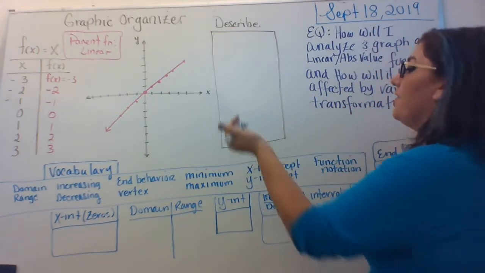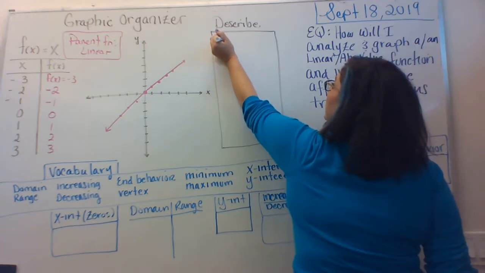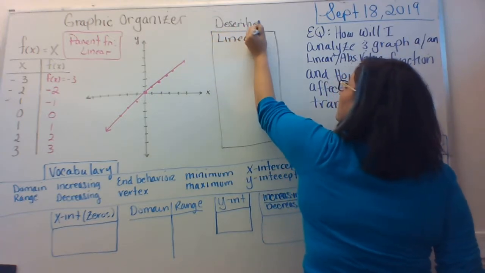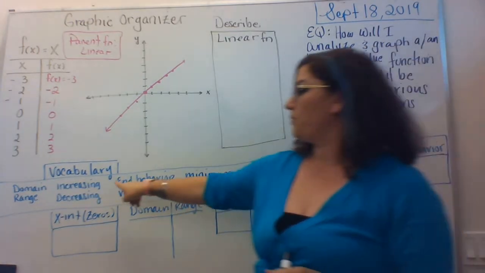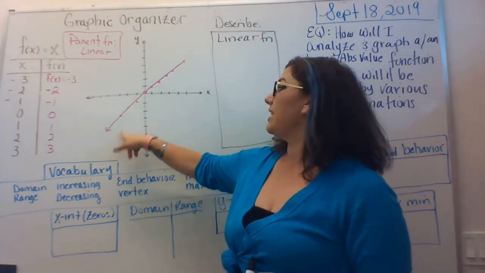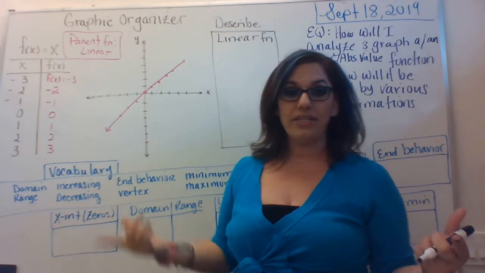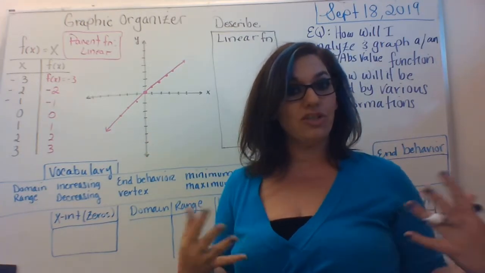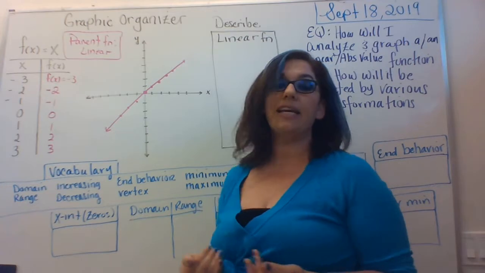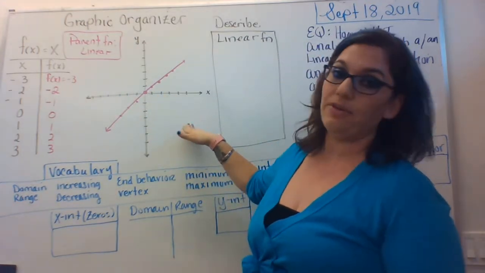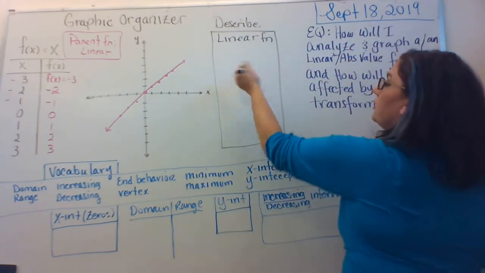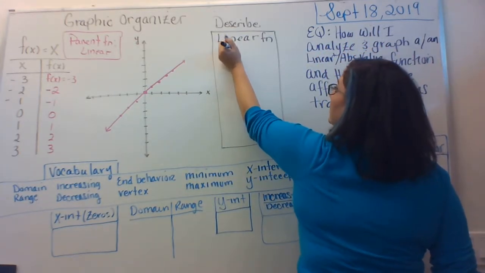So I have a linear function that happens to be increasing, so that's one of our vocabularies. I know it's increasing. It's got a positive slope. That means to increase. If this was a negative slope, it would be decreasing. Remember, it would go left to right, it would go down. So a linear function increasing.